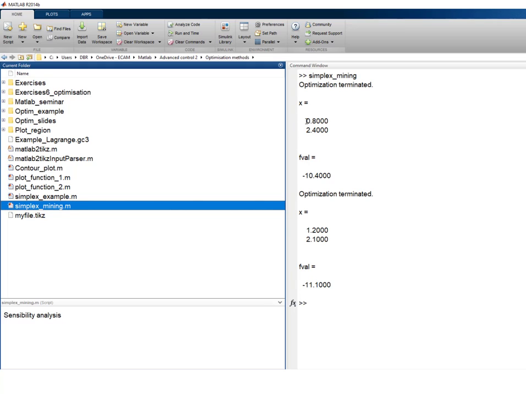So x1 is equal to 4/5, x2 is equal to 12/5, and the solution of the minimization problem is minus 52/5, so that's minus 10.4. And if you look at the original maximization problem, we have indeed 10.4.